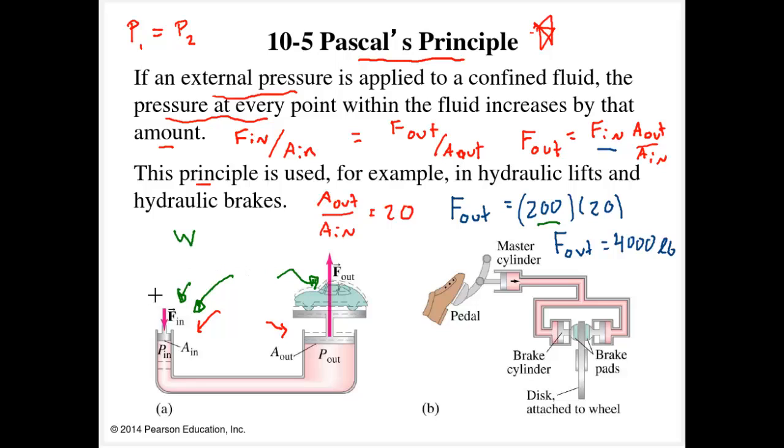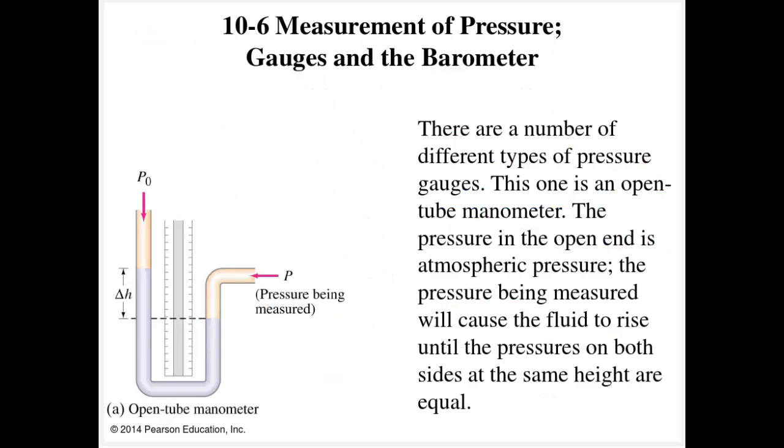You press a whole long distance on this side over here for just a tiny little smidgen of distance over here. The same principle applies for master cylinders on brakes. We have a large area and it gets constricted down to a smaller area, letting us apply a large force to our brake drums.